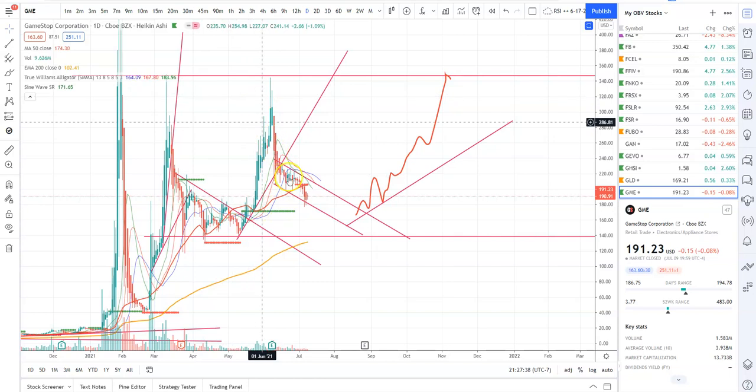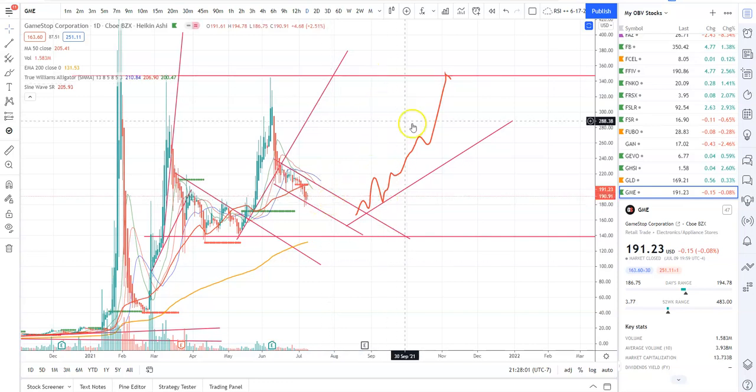But nonetheless, for now, GameStop is pinned within this sideways channel, and what we are looking for are opportunities to play GameStop at a minimum back to the top of this channel. That's really what I'm going to be looking for over the coming days and weeks.